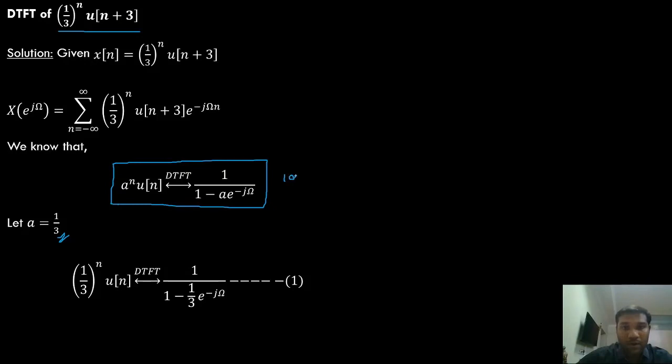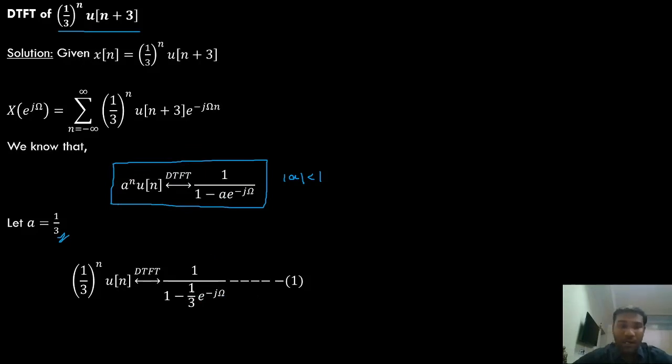Mod a is less than 1. So I can substitute a is equals to 1 by 3 because 1 by 3 is less than 1. So 1 by 3 whole power n into u of n has DTFT 1 divided by 1 minus, in place of a I have 1 by 3 into e power minus j omega.